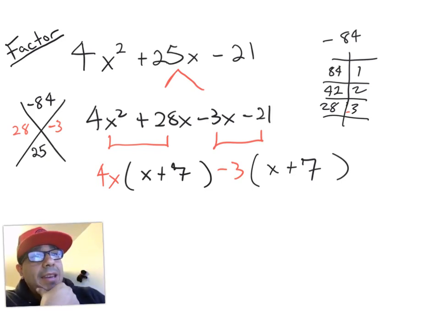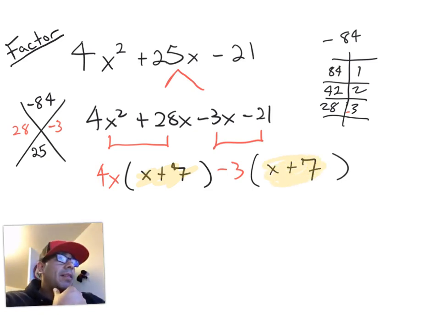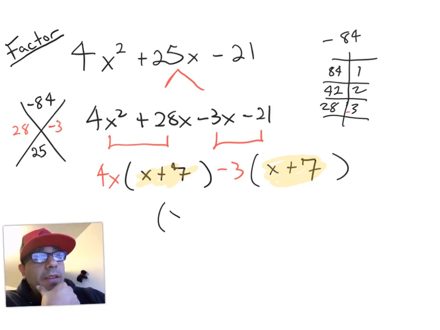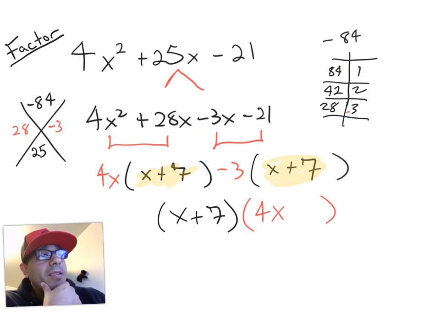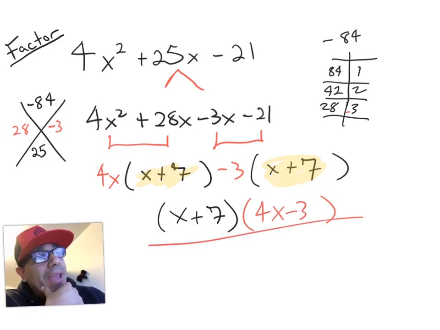Just like we highlighted in our last video, boom, these have the same factors. So because they both have an x plus 7, we could factor out that x plus 7. And when you pull out the x plus 7 from both of them, you're left with 4x minus 3. And bam, you have found those factors.